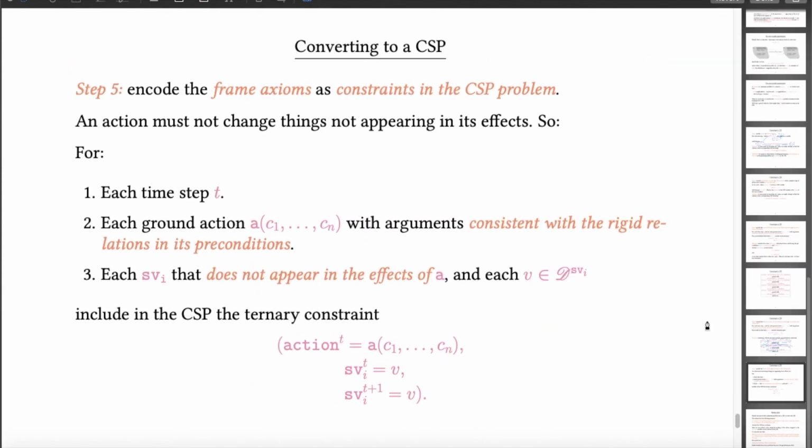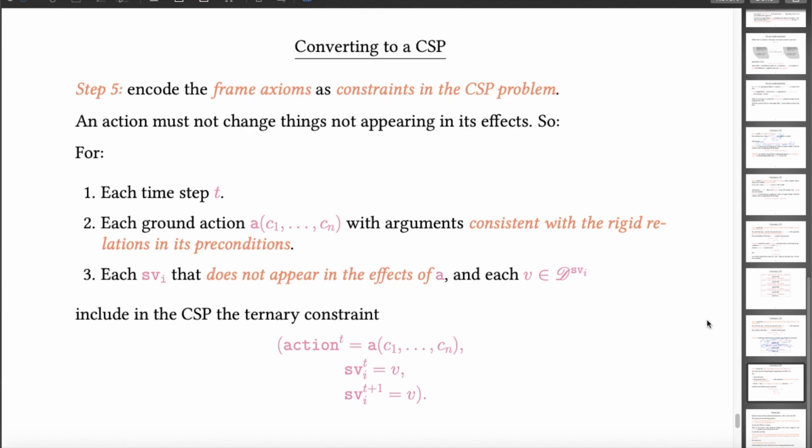Now the final thing we need to do is essentially include frame axioms that say that anything that's not affected by an action will maintain its previous value. So again, for each time step, for each ground action, for each of the state variables that isn't an effect of that action, we need to put in, in this case, a ternary constraint, one between three variables, that says you can have the action at time t, provided that when a state variable that isn't an effect of that action has a value v at time t, it also has a value v at time t plus 1.